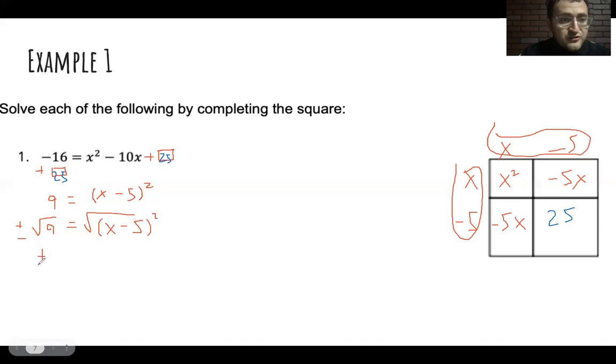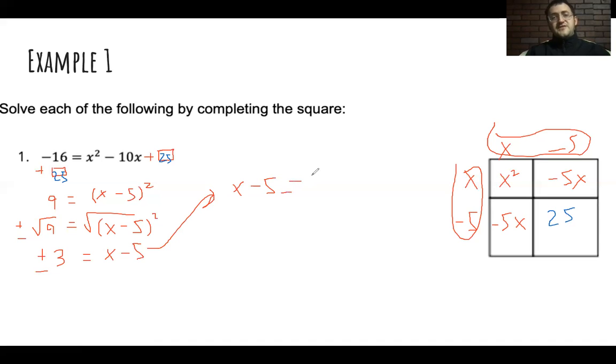And I'm going to have plus or minus 3 equals x minus 5. So I have x minus 5 equals 3. So that's one of my options. So I'm going to add 5 to both sides. So I'm going to get x equals 8.